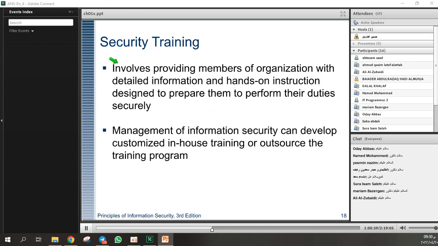Okay, but sometimes we need security training. It means that for some people we need to prepare some extra education, call it training, in some specific fields. We need detailed information in some specific cases.